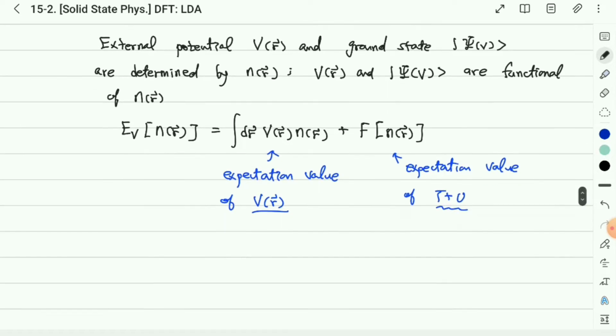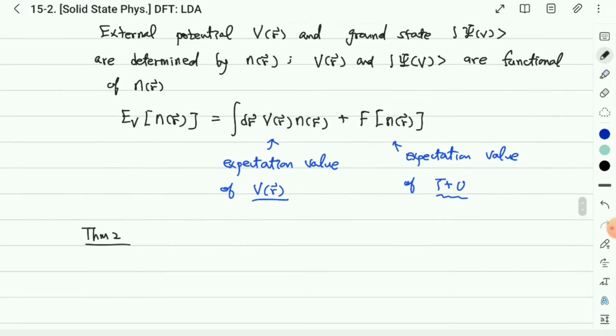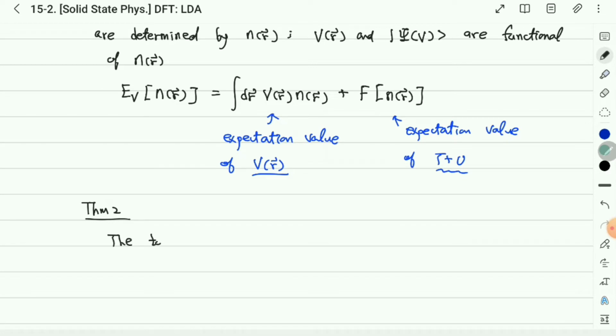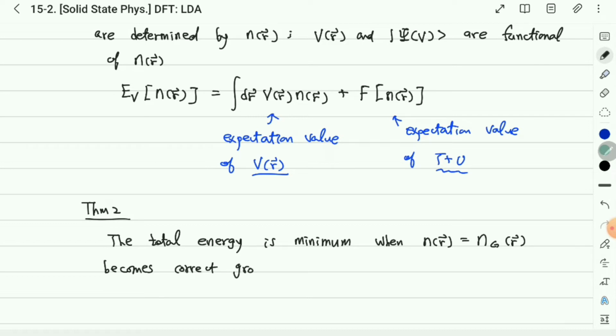The second theorem is that the total energy is minimum when the electron density becomes the correct ground state density, with the total number of electrons being the volume integration of n(r), the local electron density.